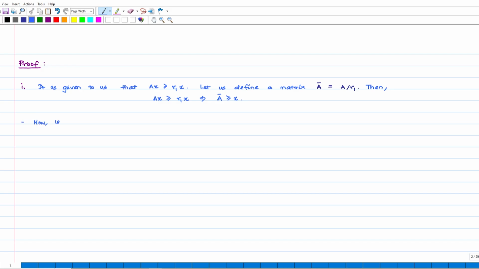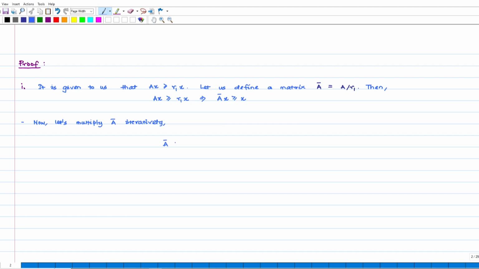Now, let us multiply the equation that we have with A bar in an iterative manner. What will we get? Let us see. I missed an x here. It should be A bar x is greater than or equal to x.